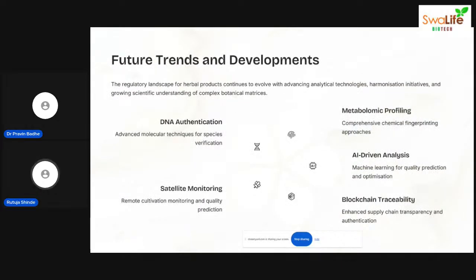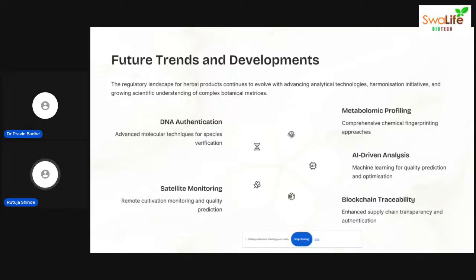Future trends and developments. The regulatory landscape for herbal products continues to evolve with advancing analytical technologies, harmonization initiatives, and a growing scientific understanding of complex botanical matrices. DNA authentication: advanced molecular techniques for species verification.